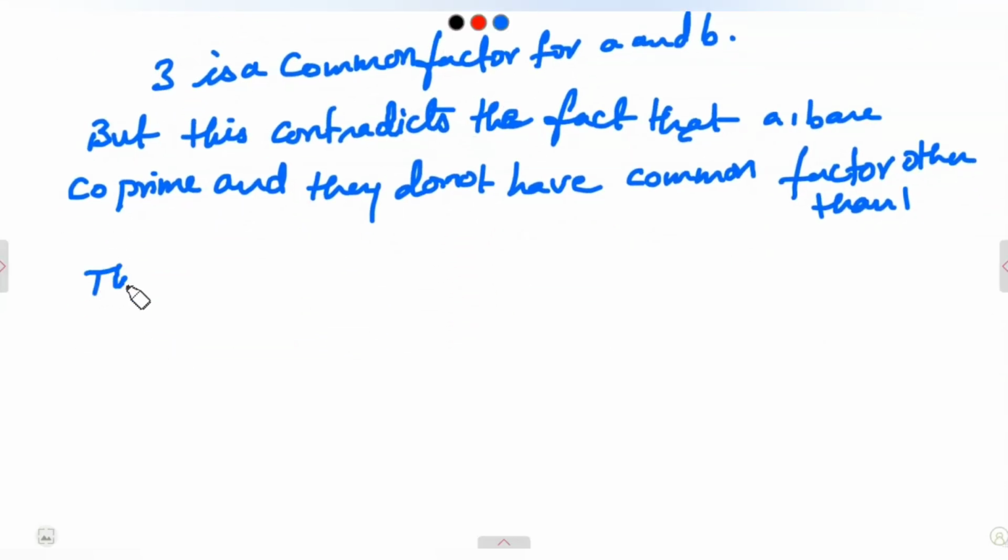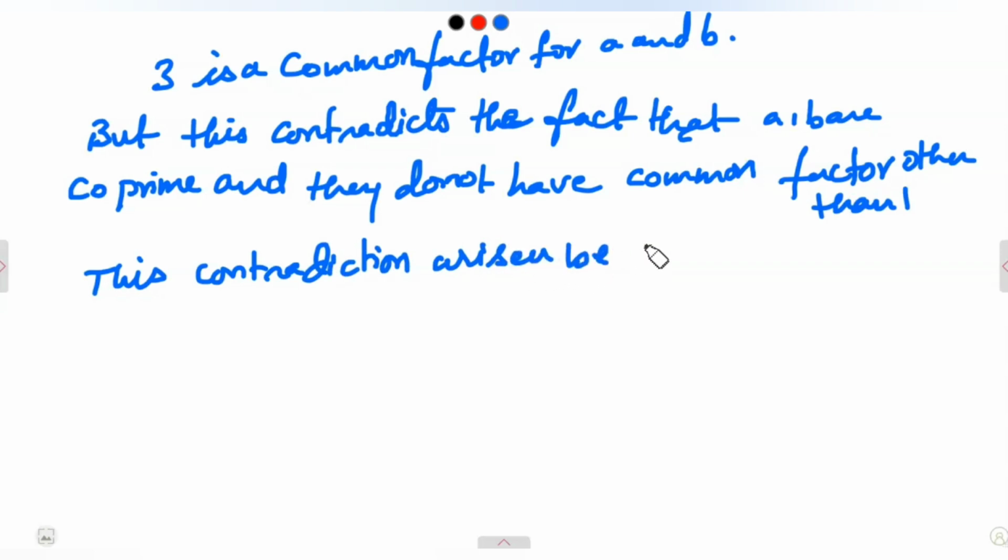This contradiction arises due to our incorrect assumption. What did we assume in the beginning?